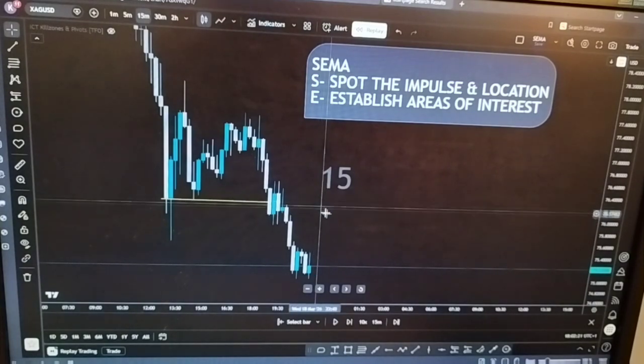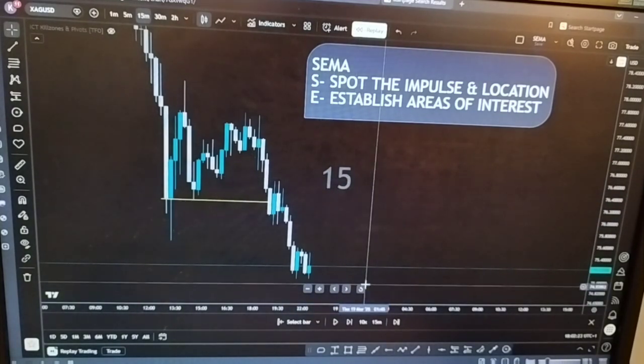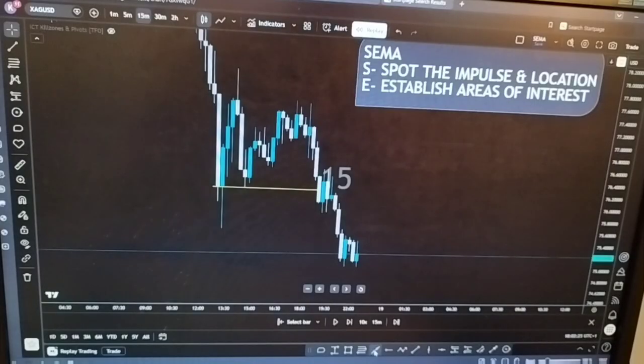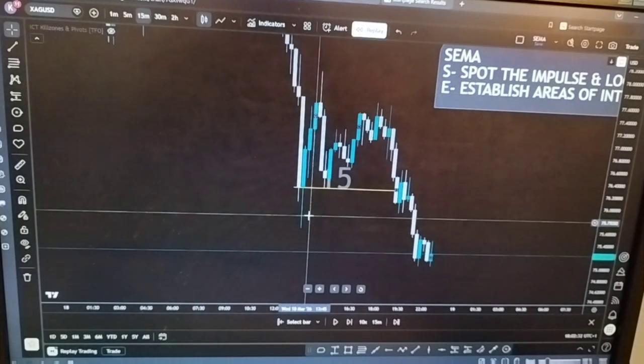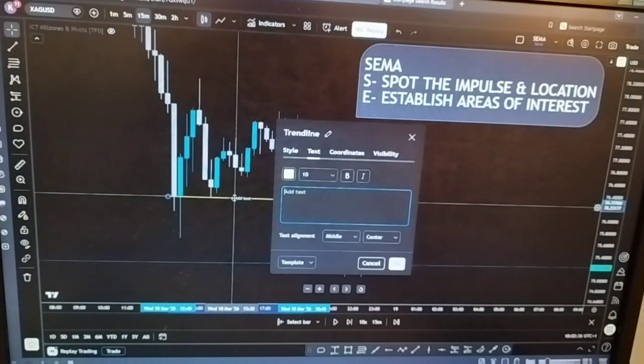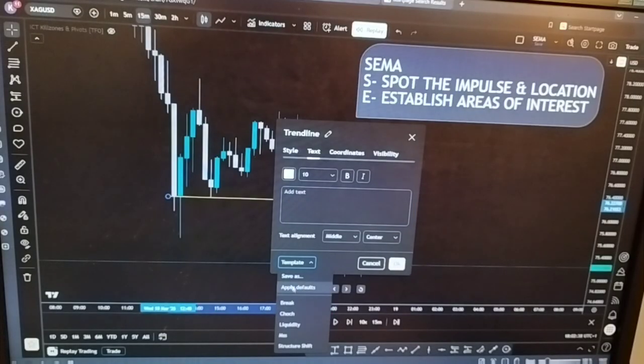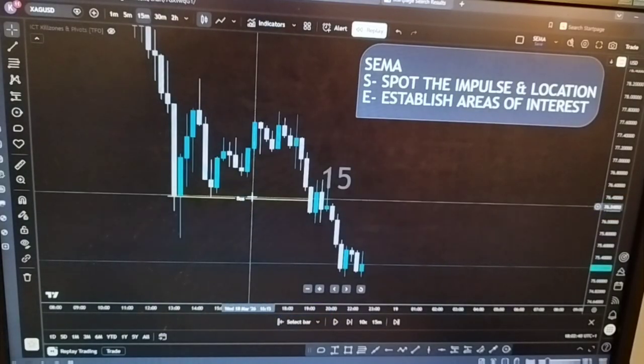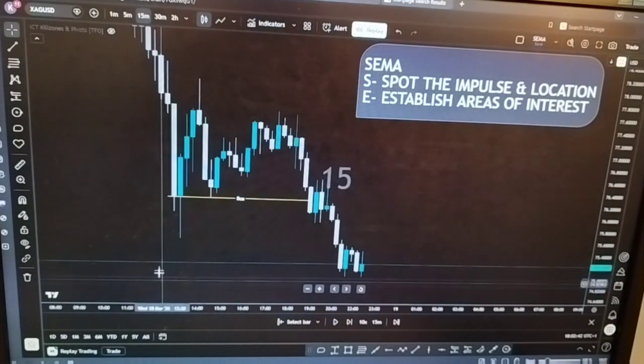So when it comes to establishing the areas of interest, there are important things that I look at. First of all, from the chart, you can see that we had this impulsive break. Okay, we had the impulse.